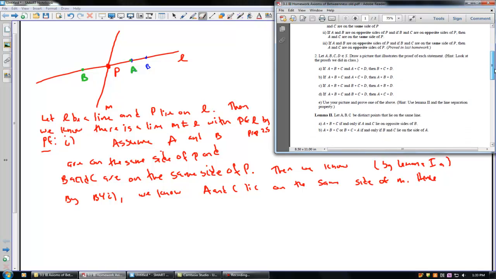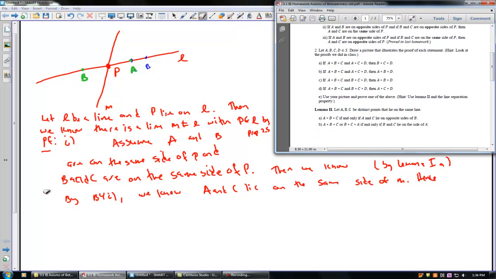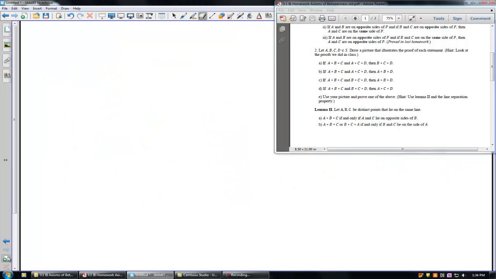And number 2, all right, so let's look at number 2. In number 2, this is what we're going to call the order property, really. If we have several betweenness statements and from them we want to decide another betweenness statement, it's really part of this order property.